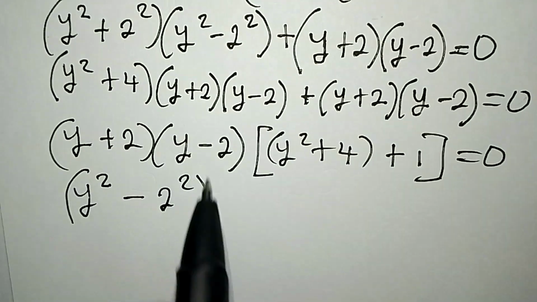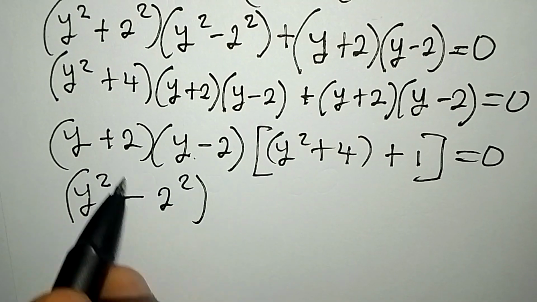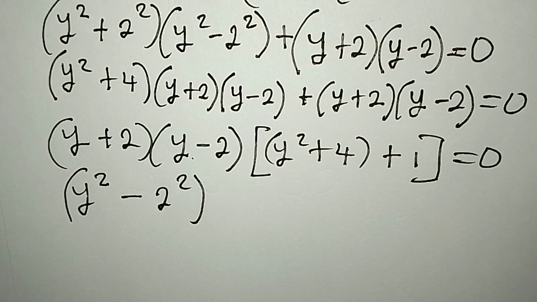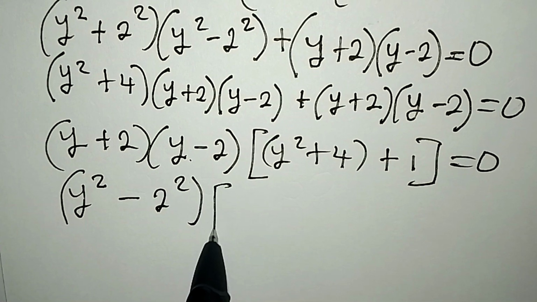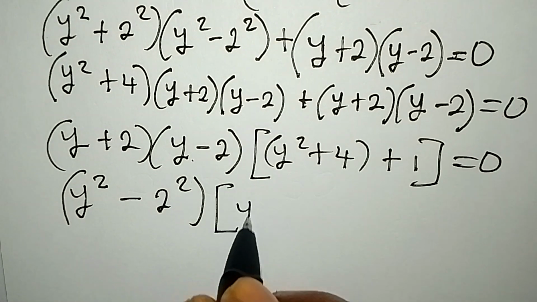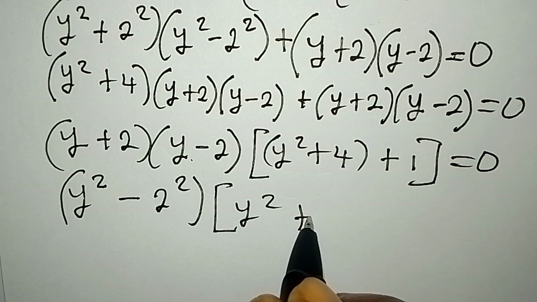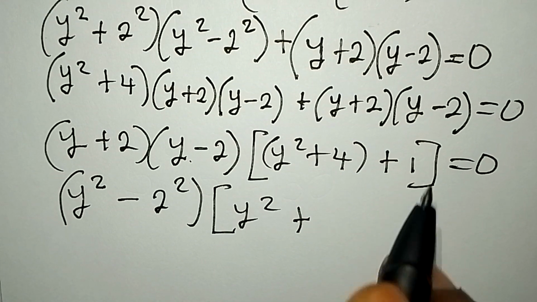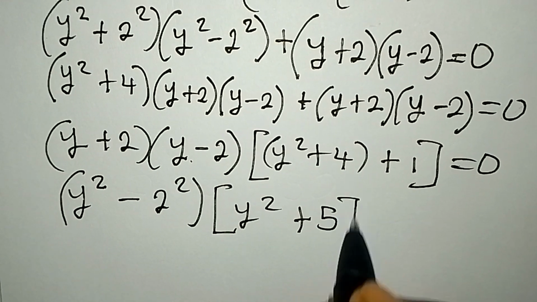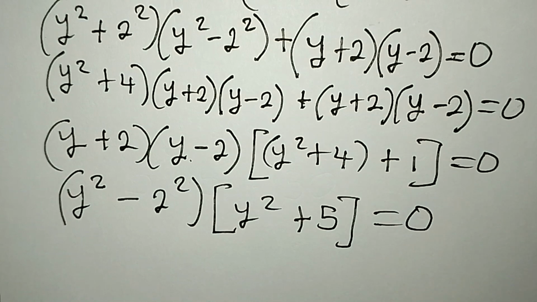I want to believe that this and this are the same thing. Then from here we have y squared plus 4 plus 1 giving us 5. And this is equal to 0.